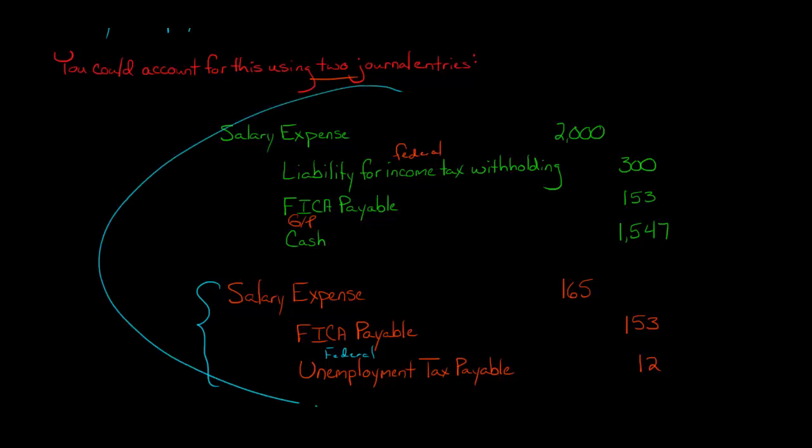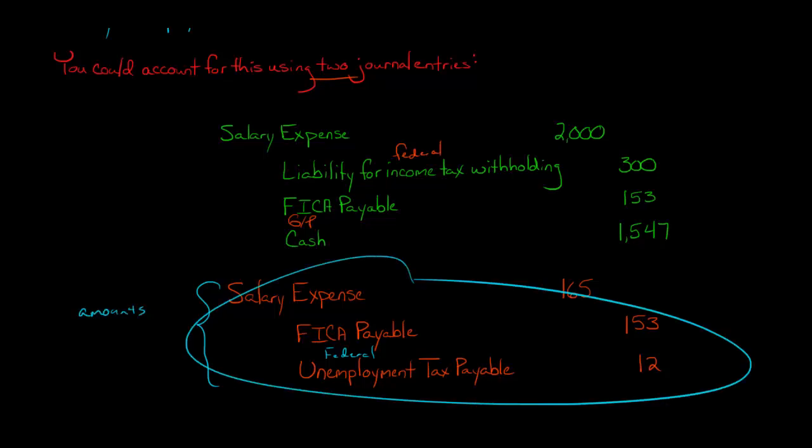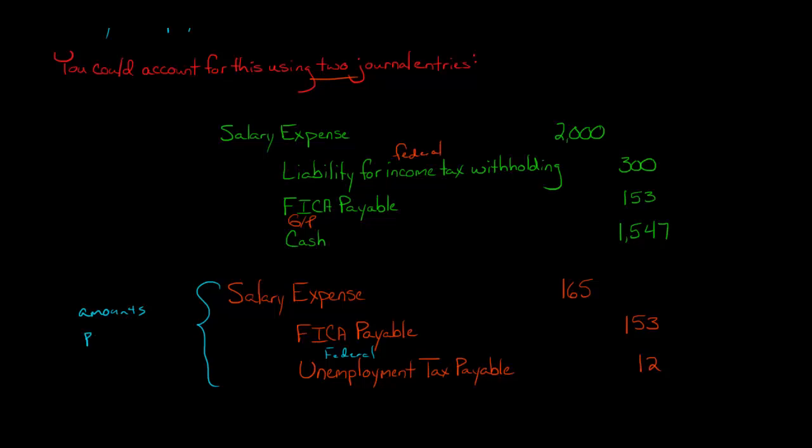You could put this all into one single journal entry, but I've broken it up to show you the following. This journal entry right here, these are amounts due or owed by the employer.